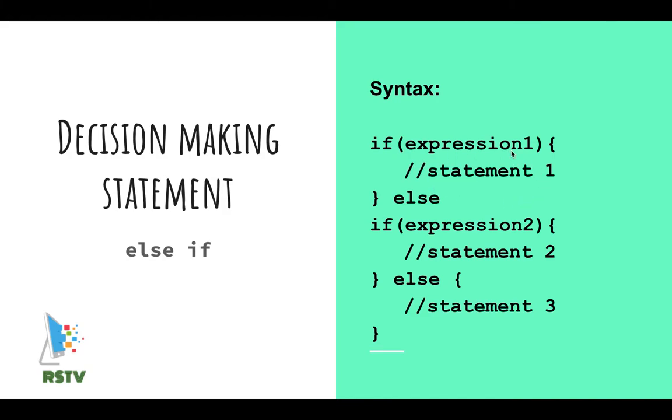If expression 1 fails, it will go to the else, where else if is there. It means if the first condition is not true, then it will check the second condition, expression 2. If expression 2 is true, it will execute statement 2. If that one is also false, it will go to the else part. Finally, it will execute statement 3.